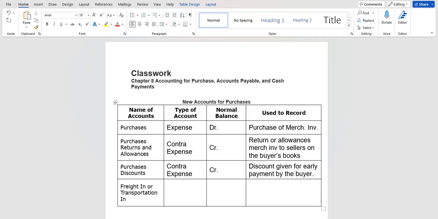Okay, then next we have our freight in or our transportation in, and this is going to be an expense of getting our products to us from the warehouse. Okay, and all expenses are debited in order to increase them.